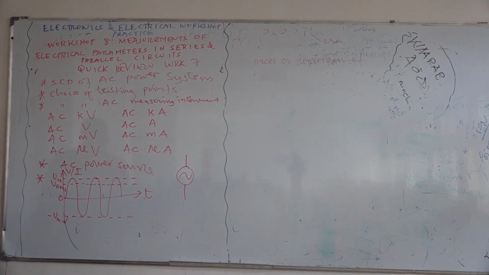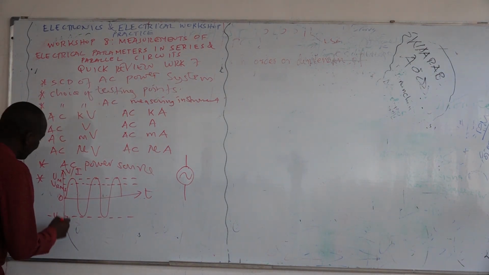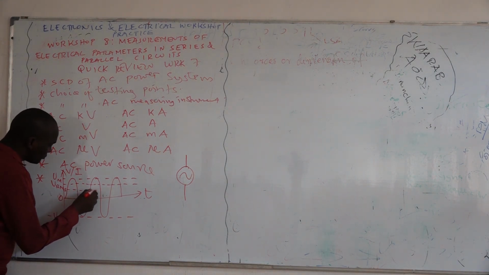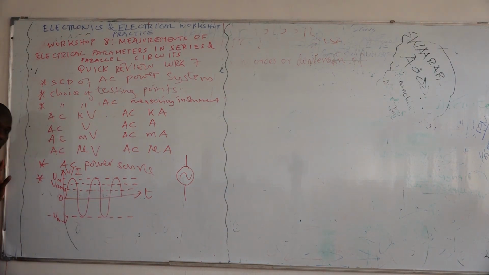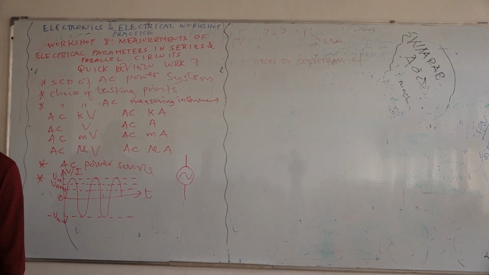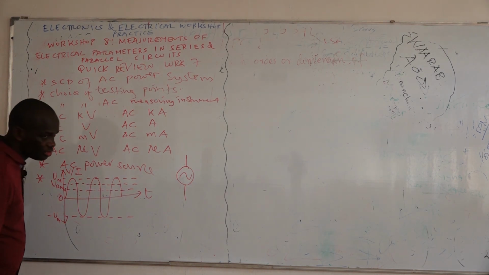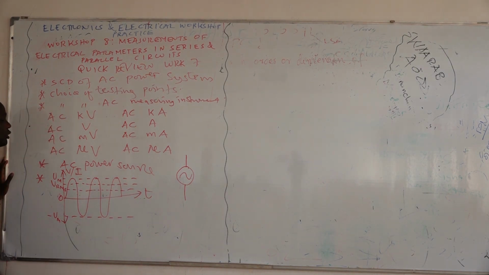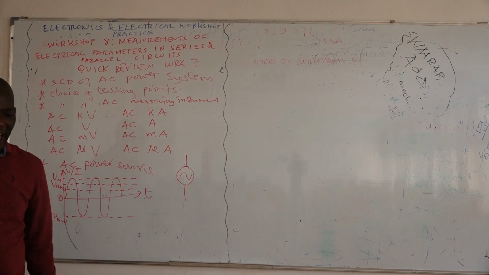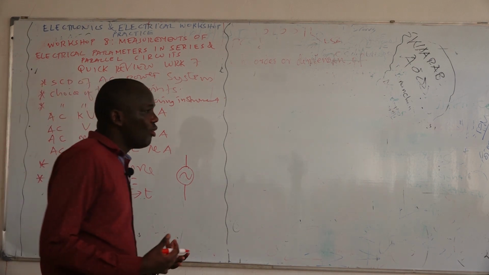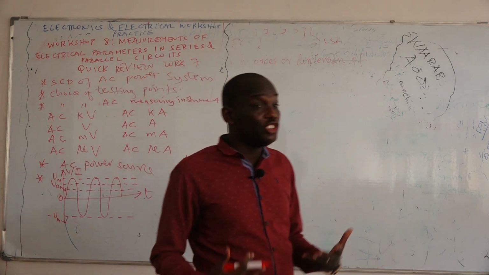Are we together? Then I mentioned the fourth one. The first one is called what? The fourth is the average. It can be either average current or average voltage. Are we together? But we say that we don't use average voltage or average current because the average voltage of AC power is 0.